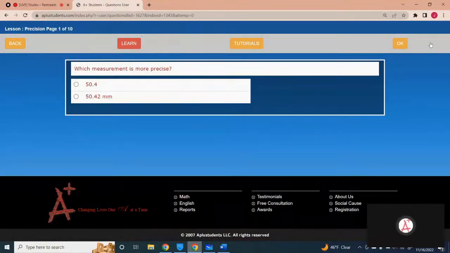Okay, which measurement is more precise? 50.4 or 50.42? Which one is more precise? 50.42 is more precise. Got it?